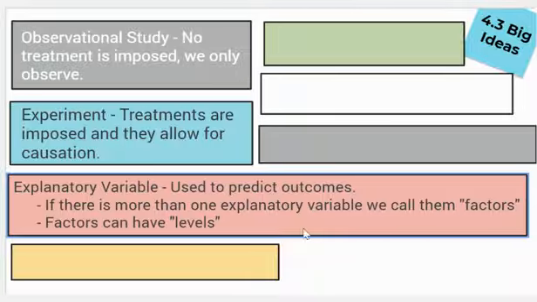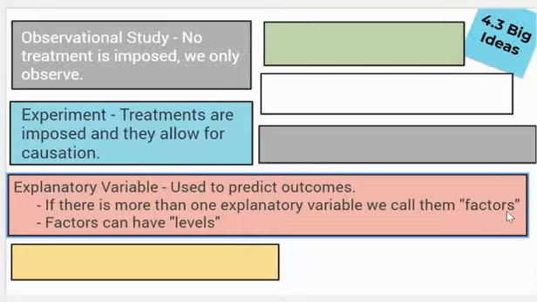So let's dig a little bit deeper into experiments. Let's look at this definition, the explanatory variable. An explanatory variable is used to predict the outcomes. In some experiments, there's more than one explanatory variable, and if we have more than one, we would call those factors.